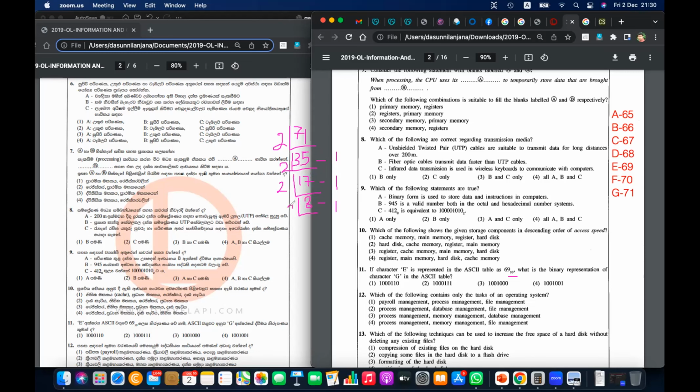Anyway, let's divide further. 8 divided by 2 is 4, remaining 0, divide by 2 again, that is 2 remaining 0, and divide by 2 again, that is 1 remaining 0. Then this is 1 0 0 0 1 1 1. Taking from bottom to top, 1 0 0 0 1 1 1. That is number 2, right? This is how we discover the answer.